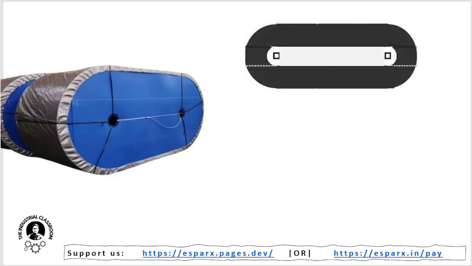For the elliptical roll, remember we have two centers here. See, this is one center, this is one center. Let the center to center distance be C. Now here we have a larger radius R, and we have an inside radius small r, and we also have the number of turns.